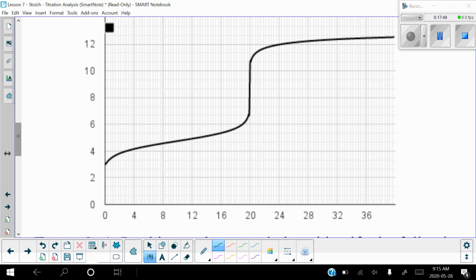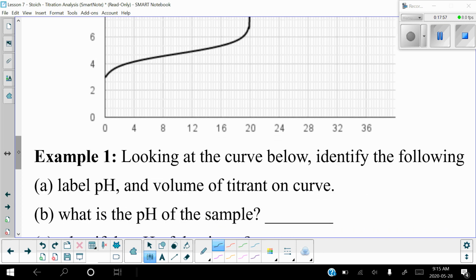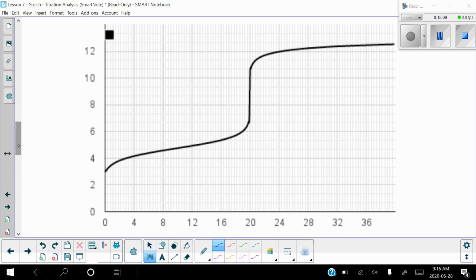All right, here we have a curve. And from this titration curve, we're going to look at some things. So the first thing it says, looking at the curve below or above, identify the following. A, label pH, volume of titrant on curve.